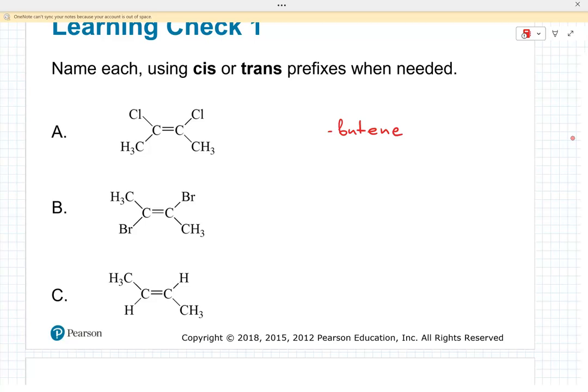What is the number? 2. And then substituents? Just 1 chloro, or dichloro, not 1,2, because if it's 2, it's got to be 3, so 2,3, and cis or trans? Cis. Make sense?